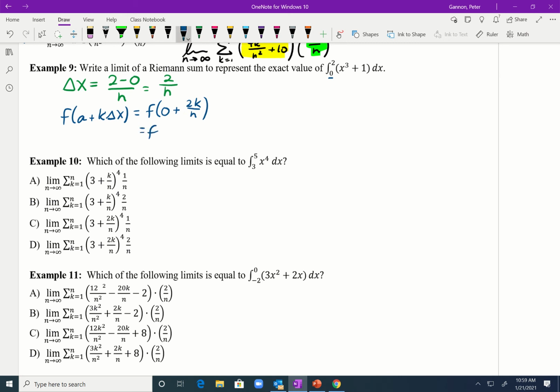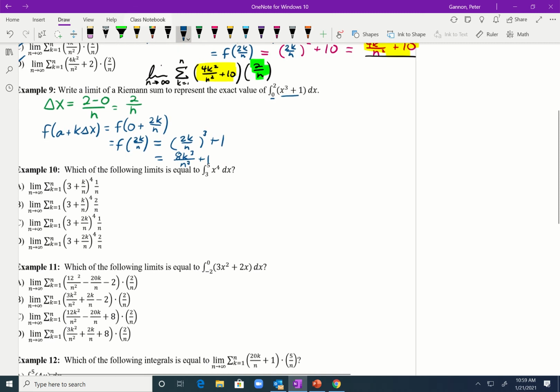Again, that can simplify in this problem to just 2k over n, and f of x is this function here. So we have a value being cubed plus 1. Now, the value being cubed is 2k over n, and that is going to simplify in this case to 8k cubed over n cubed plus 1.